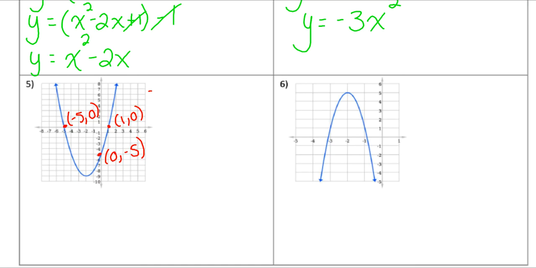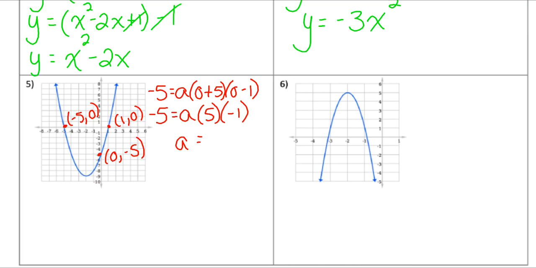So I'm going to plug that in here and say -5 equals a times 0 minus -5 and 0 minus 1. So when I simplify that, I have a times 5 times -1. So my a value in this situation is 1.